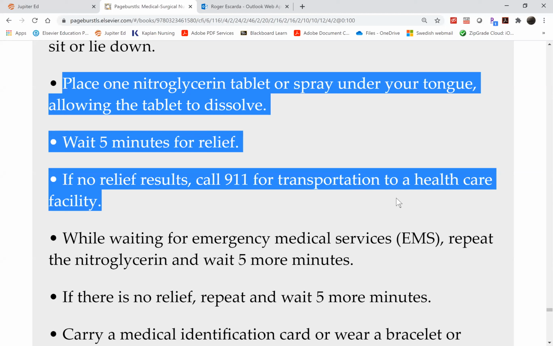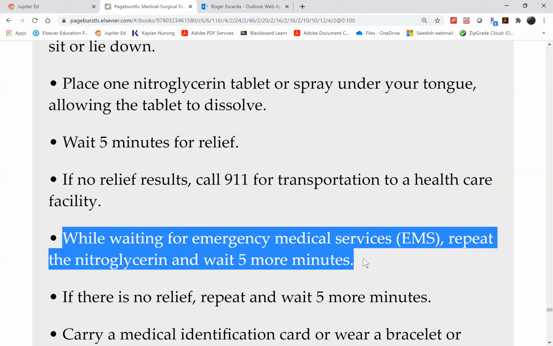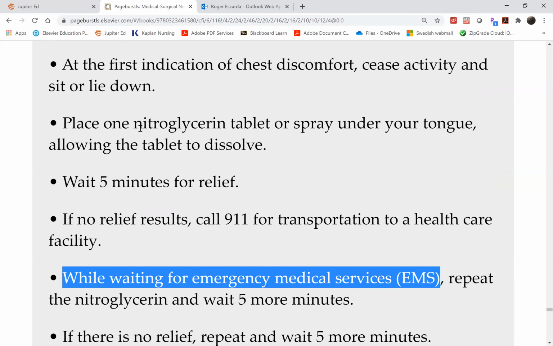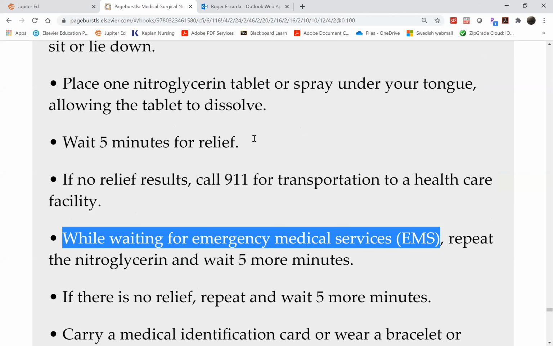So will there be a difference here? This is at home versus in the hospital. Is it different? Of course, we're already in the hospital, so we don't have to call 911. But after you put 1 nitro, is this angina if there is no relief?